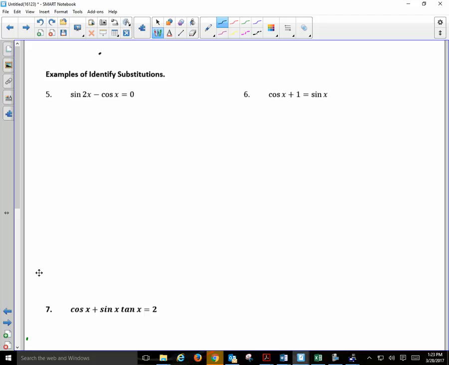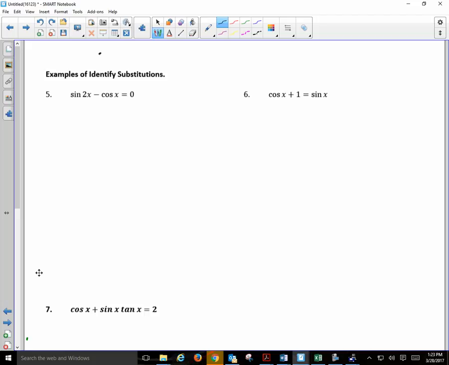What makes problem 5 more challenging than the others? What is different and unique about it? If you can't tell what's different about it, then you don't have a chance at solving it. Sine, cosine. We already had one that had sine, cosine. That was tangent. No big deal. Subtraction. I don't care about subtraction. 2x and x. I got a double angle and a single angle. And all the other ones, we have the same types of angles.